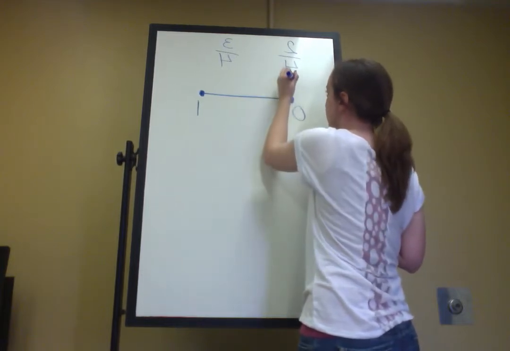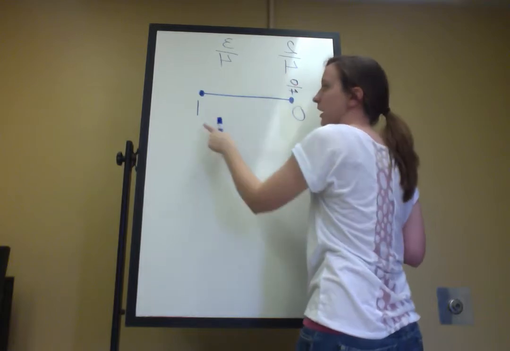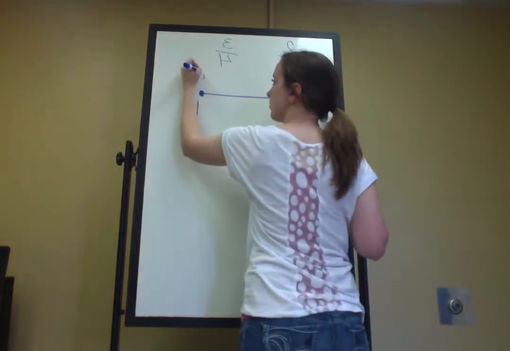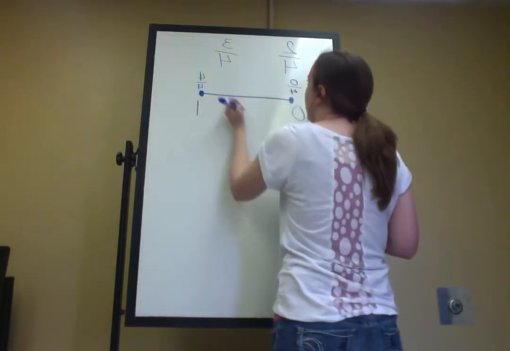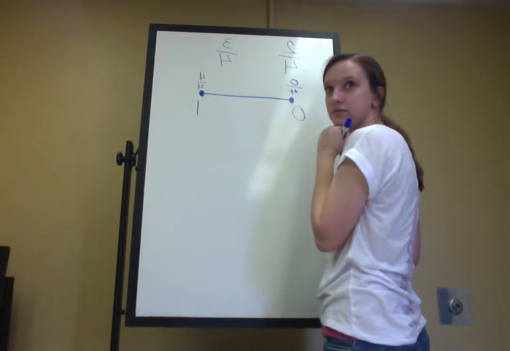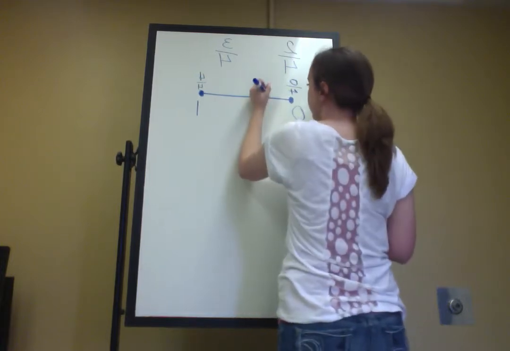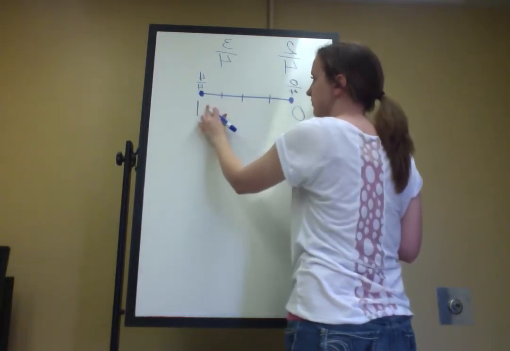This is 0 out of 4, right? And this is 4 out of 4. Now, how many pieces are we going to divide this number line into? 4 pieces, correct. So 1, 2, 3, 4.